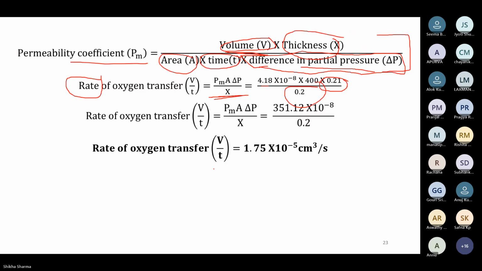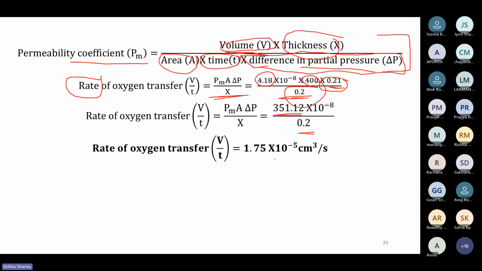When we multiply 4.18 into 400 into 0.21, we get 351.12 into 10 to the power minus 8, and in the denominator the thickness is 0.2 centimeter.